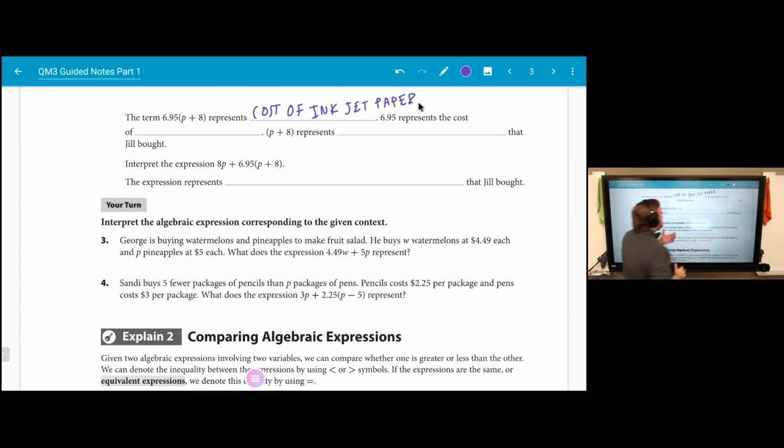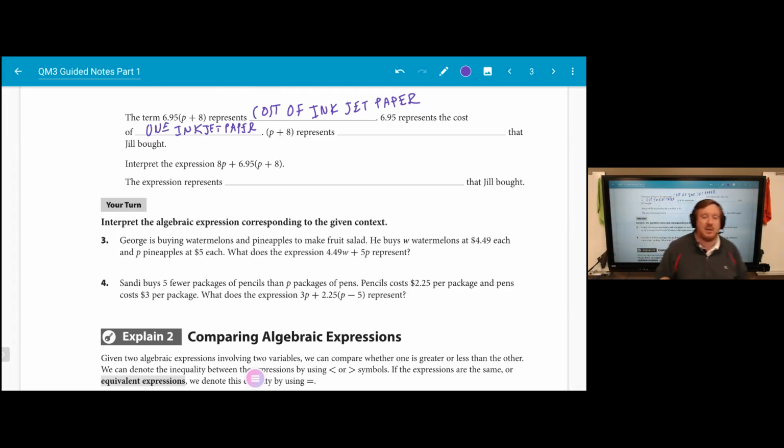And why is that? 6.95 represents the cost of one inkjet paper, and p plus 8 represents the total number of inkjet papers because she bought 8 more than laser. Total number of inkjet paper bought.